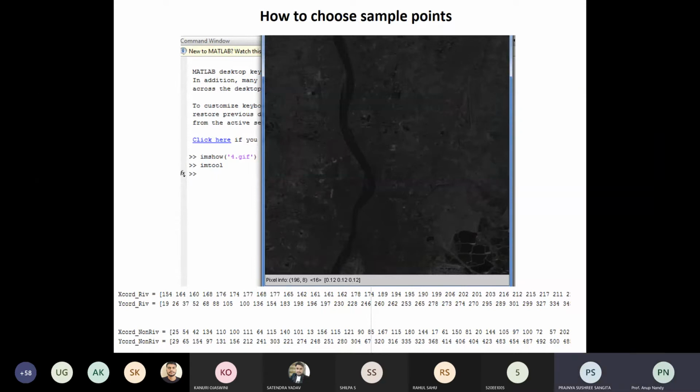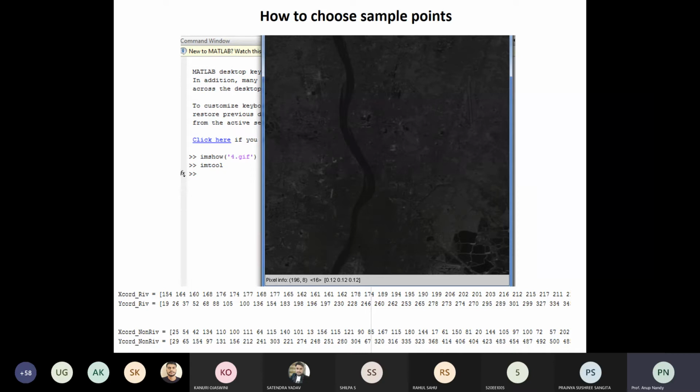Or you can say the size of the feature vector. 50 into 4. Very good. So the size of the feature vector for the river class is 50 cross 4, and the size of the feature vector for the non-river class is 100 cross 4.